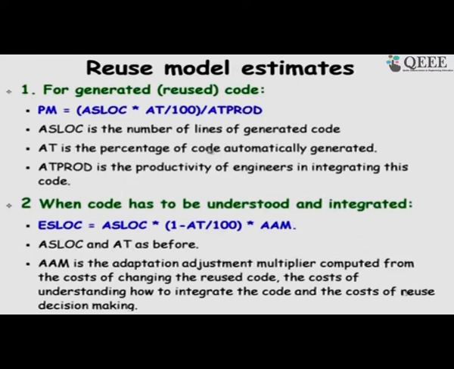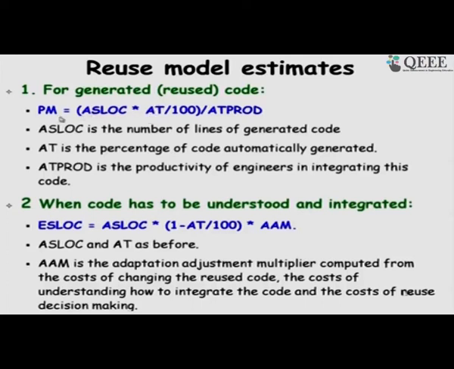So, this is the formula that is used in the reuse model. So, the total lines of code, application software lines of code into the code that is automatically generated, that is reused, black box reused. So, let us say 90% is black box reused.